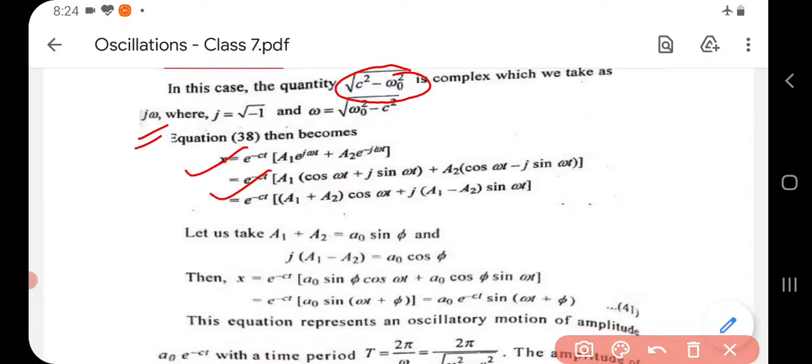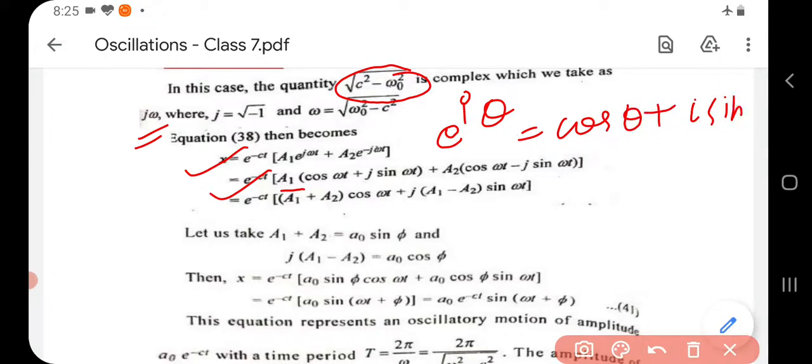Then a1 is written here. e raised to j omega t is cos omega t plus j sin omega t, because there is a formula like this. That is, e raised to i theta equal to cos theta plus i sin theta. Here your theta is omega t. So e raised to i omega t will be cos omega t plus j sin omega t.